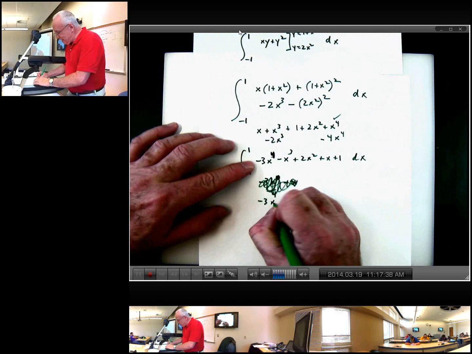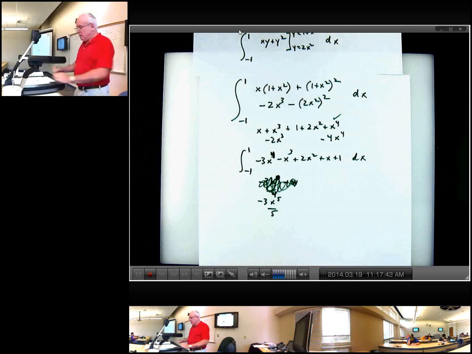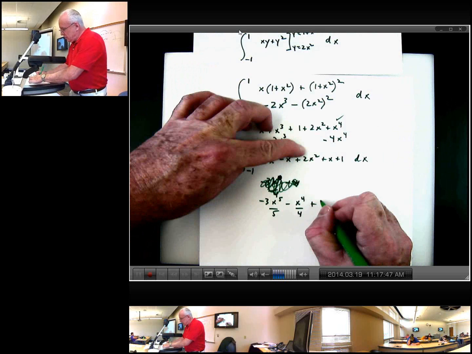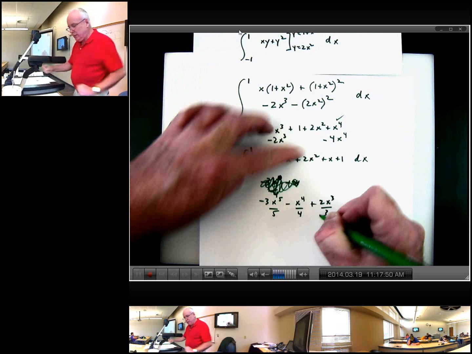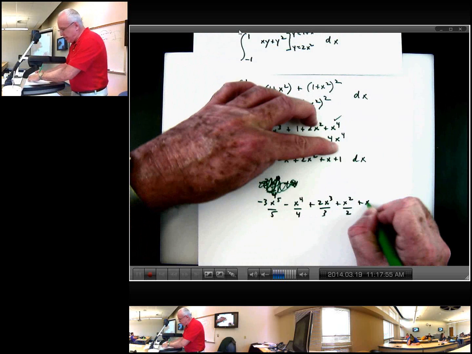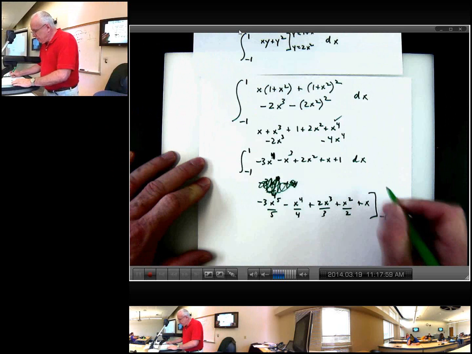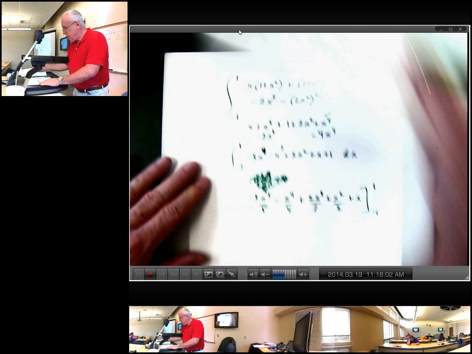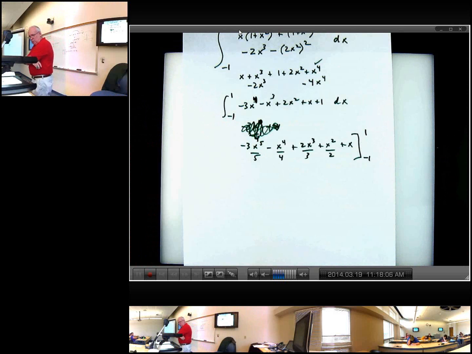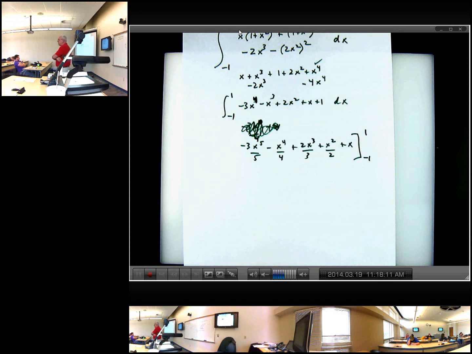Minus 3x to the fifth over 5. Minus x to the fourth over 4. That's going to be 2x to the third over 3. X squared over 2 plus x. All righty. And this then, this is what I call, we've entered the hell of minus signs right here.